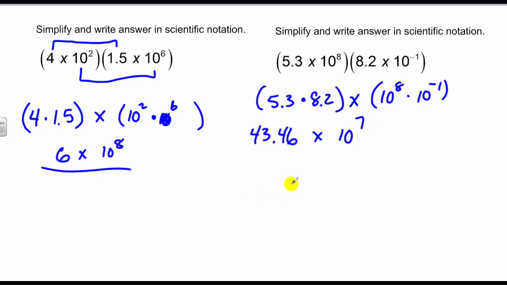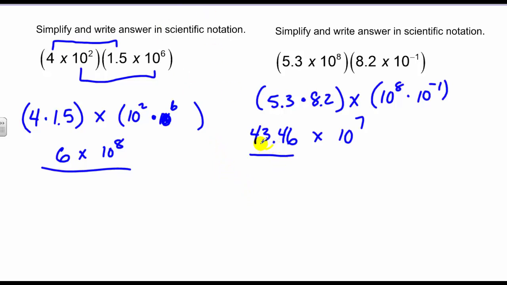Now I notice this 43.46 is not in scientific notation, so I'm going to put that in scientific notation. Remember, in scientific notation, we rewrite the number and figure out how many places we have to move over.